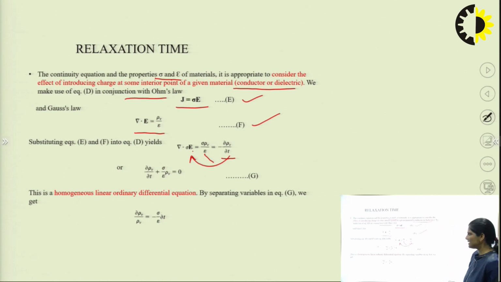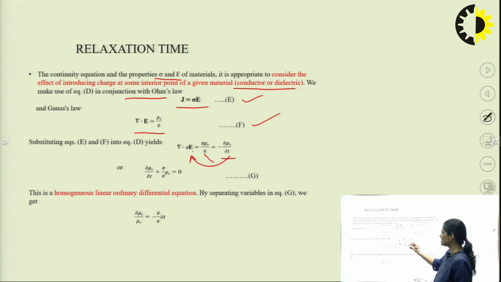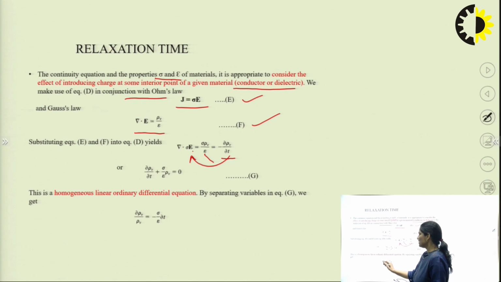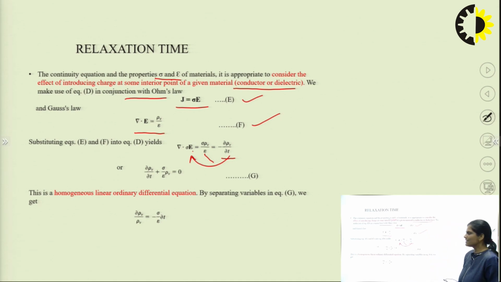So this is the final equation, the relation between rho_v, sigma and epsilon. Now this is a homogeneous linear ordinary differential equation. When you separate the variables, you get del rho_v upon rho_v is equal to minus sigma upon epsilon del t. So this is the relation for relaxation time.